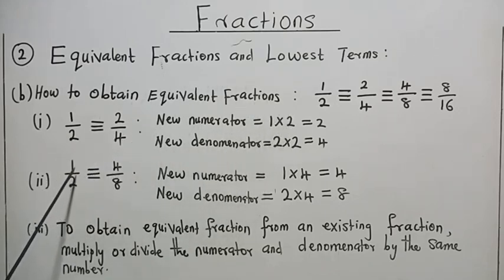Here, I multiplied both the numerator and denominator by the same number. What was that? It was 4. See it here, 4, 4. Here, 2, 2. That's why I said multiply the numerator and denominator by the same number. I just skipped this divide, but it is a part of the law.